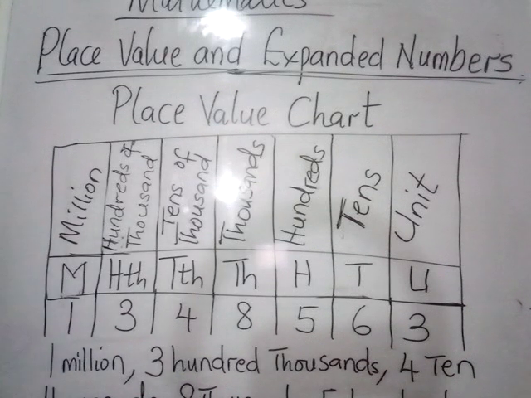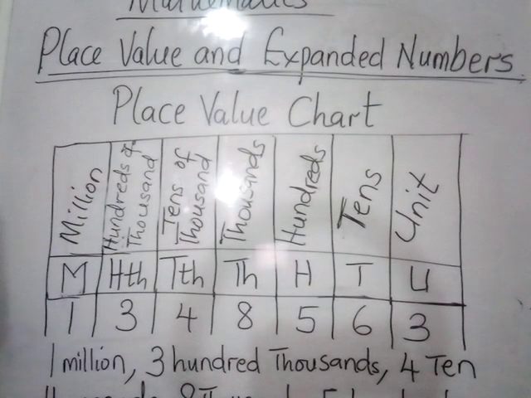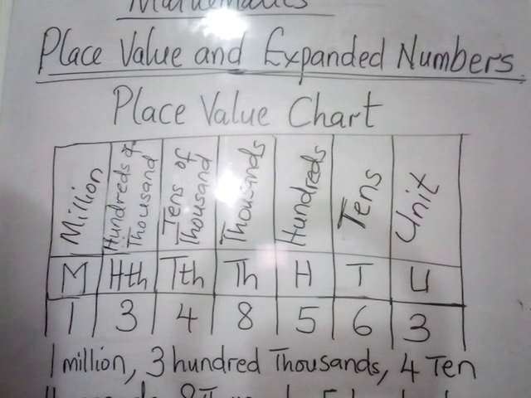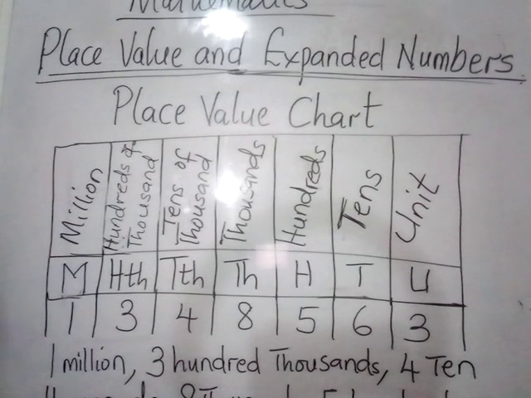Remember, we said that place value actually refers to the value a digit has when combined with other digits in a number, based on the position it occupies.